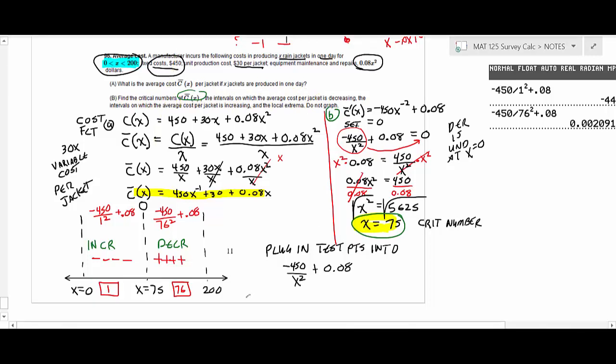So we would make this conclusion. We would say that we're increasing on the interval 0 to 75. No, increasing from 75 to 200. Okay, and we don't have to go beyond 200 because that's intrinsic in the problem. And then we would be... Did I write this backwards?